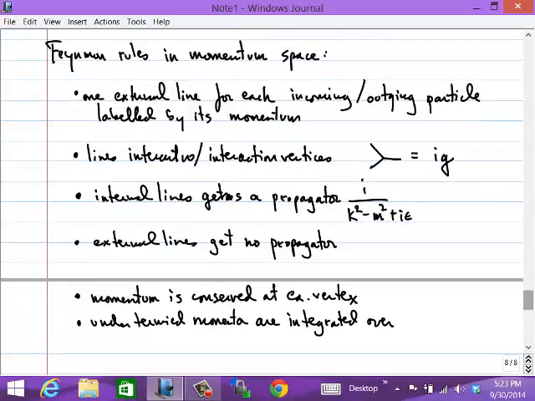And then, as in the case of the position space Feynman diagrams, you sum over all diagrams with an appropriate symmetry factor.